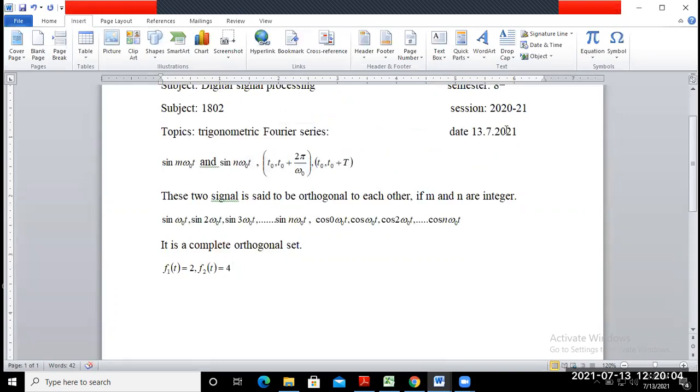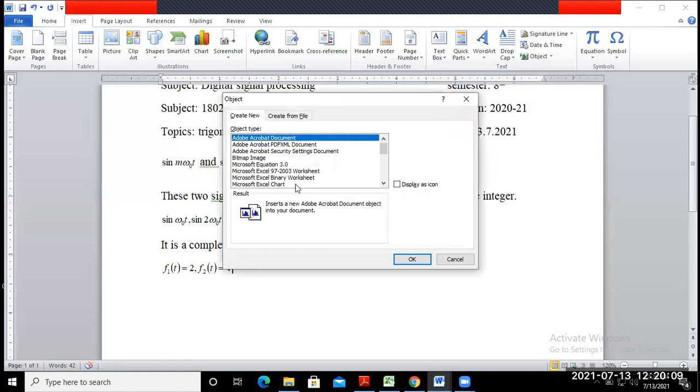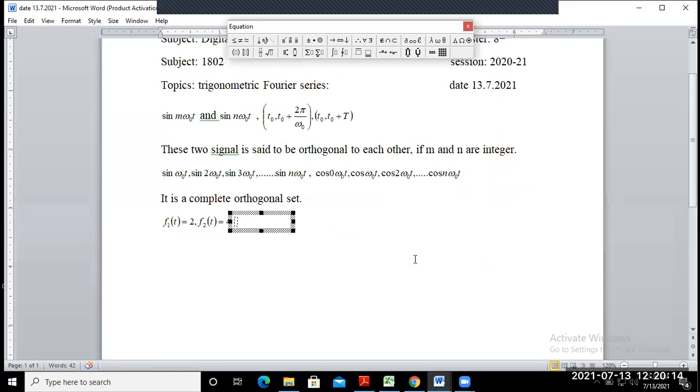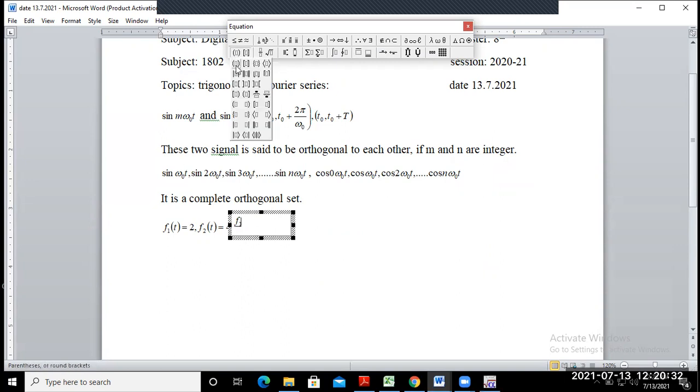So just write, suppose that f1t in terms of f2t, okay. So you can write here f1t equal to, how can we write, it means 1 by 2 into f2t, okay.